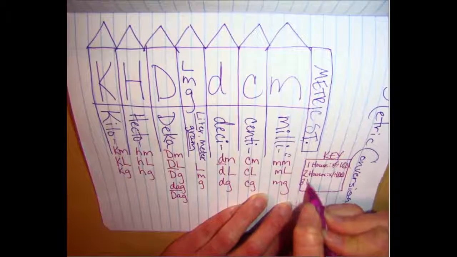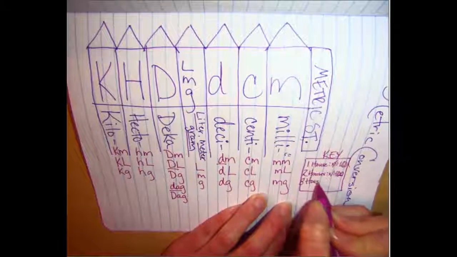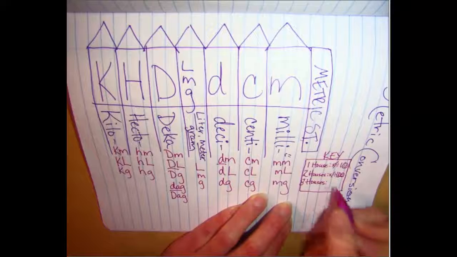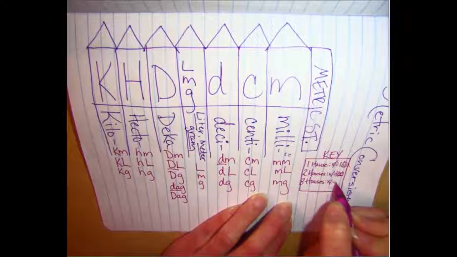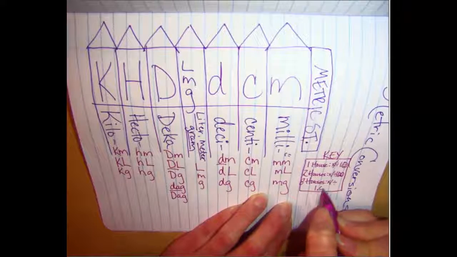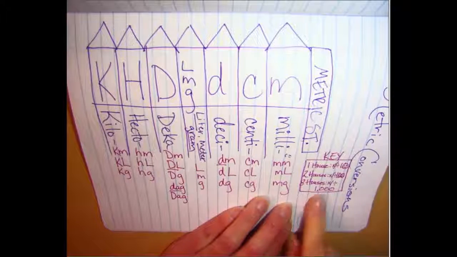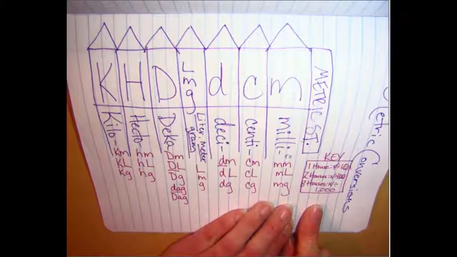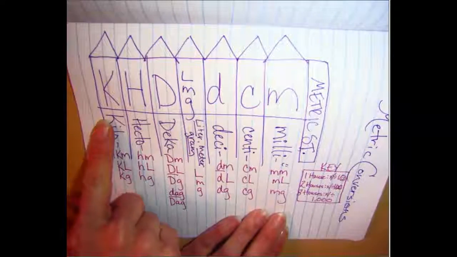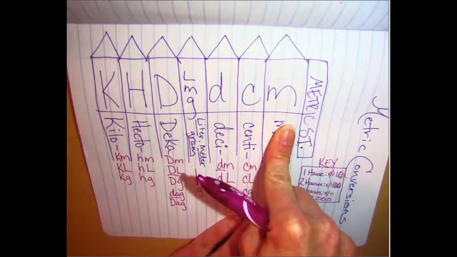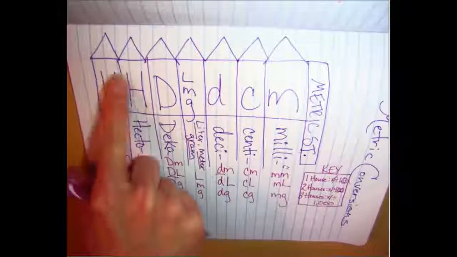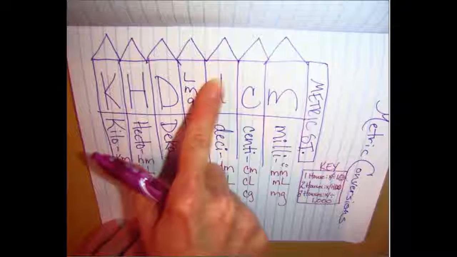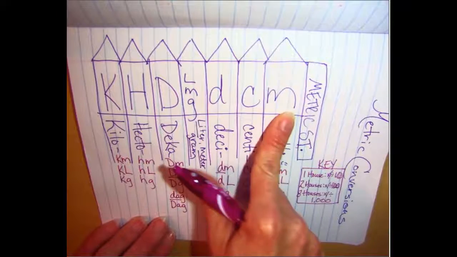3 houses, what do you think, guys? 1,000. You're going to use these 3 the very most, but you'll see when I give you your practice sheet, probably the first or second one on the page is going from kilo to milli. If I went from kilo to milli's house, I'm jumping 1, 2, 3, 4, 5, 6 houses.